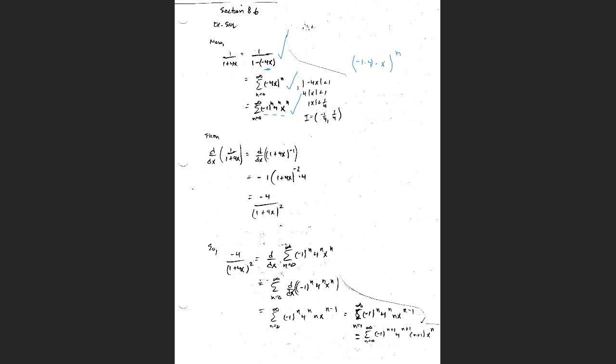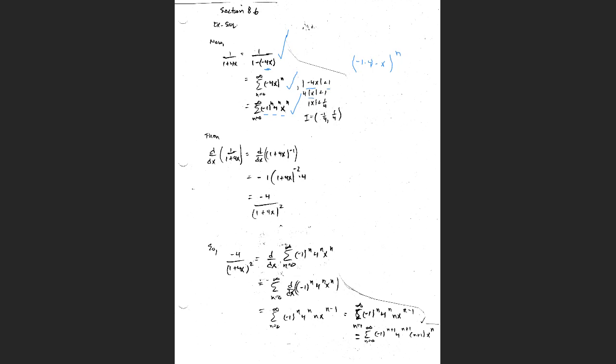Okay. And naturally, we always want to think about our interval of convergence. So because the absolute value of our common ratio negative 4x is less than 1, that means then that, well, absolute value of negative 4x is the same as 4 times the absolute value of x.